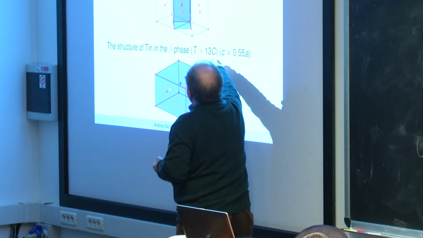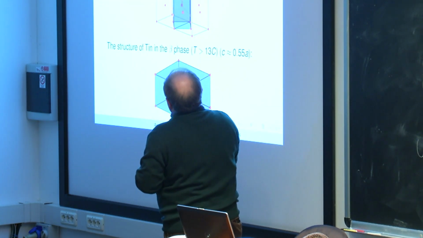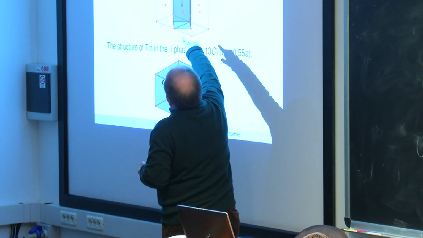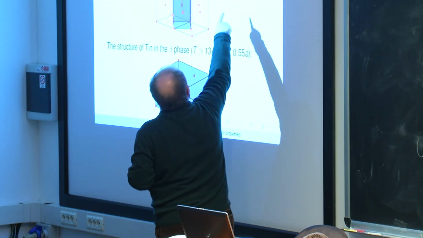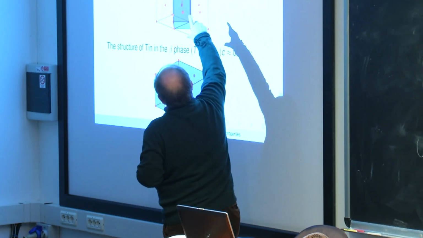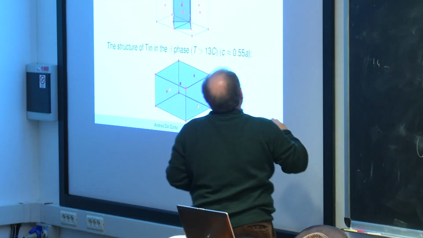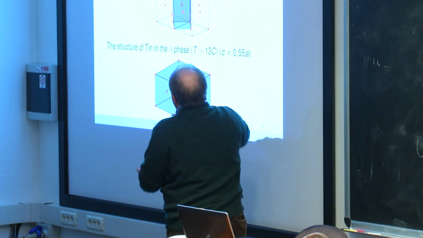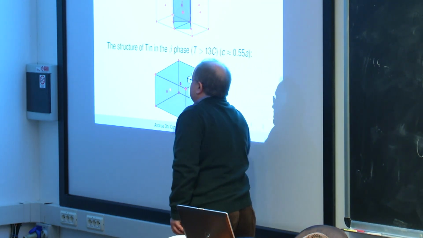At 13 degrees, it has a phase transition where the tetragonal cell, which in the alpha phase has a C that is the square root of 2 times a, gets compressed. Square root of 2 is 1.4 something. That C becomes 0.55a. So it compresses a lot. And you obtain the so-called beta phase of tin.